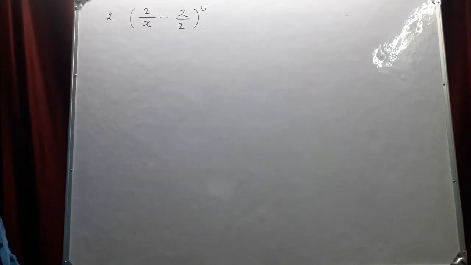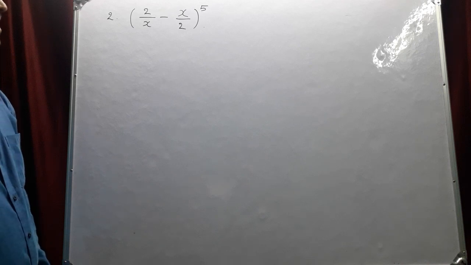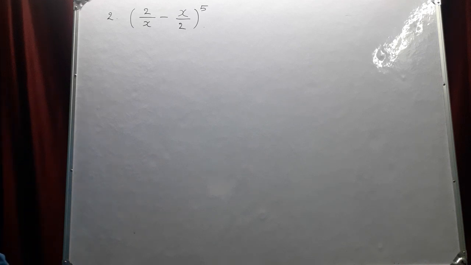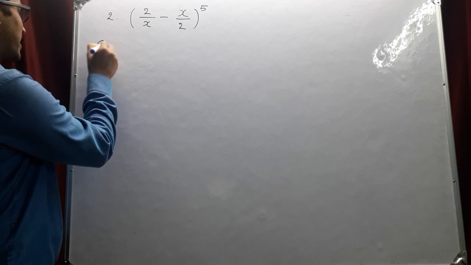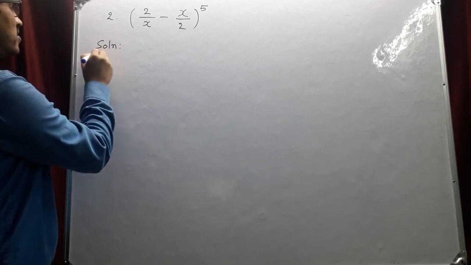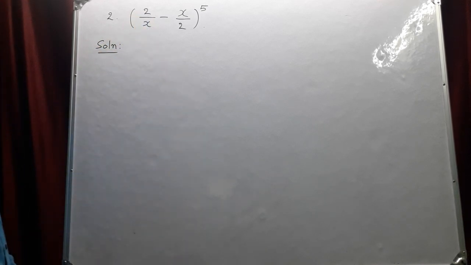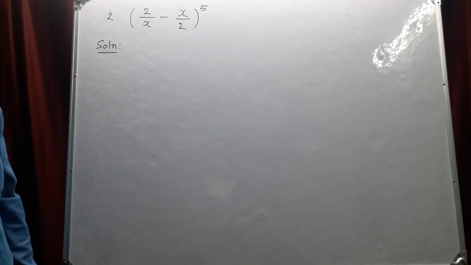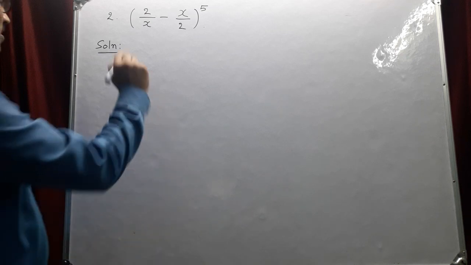Second question, 2 by x minus x by 2 whole power 5. So we have to expand this one, 2 by x minus x by 2 power 5, by using binomial theorem.